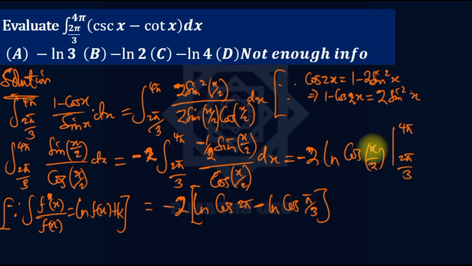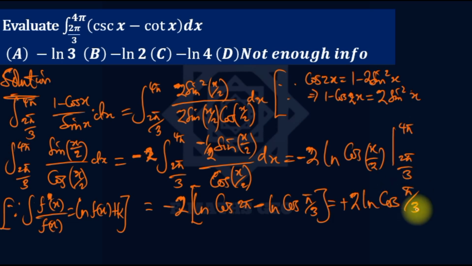So 4 pi here is left with 2 pi, and 2 pi over 3 here is left with pi over 3. Cos 2 pi is 1 and ln 1 is 0, so we are left with this minus that, which is plus ln cos pi over 3.